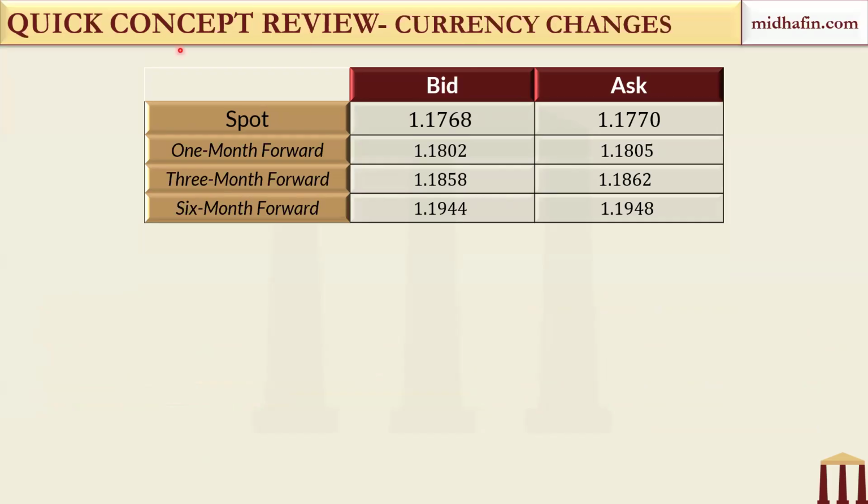Now, I'm focusing more on this part over here, the spot price. Okay. See, if you have to quote a single price, of course, there are two different prices. You have bid price and ask price. But generally, if we are talking with each other, and if we have to just say, okay, what is the exchange rate today? And we have to take a single price. What is the best option we have?